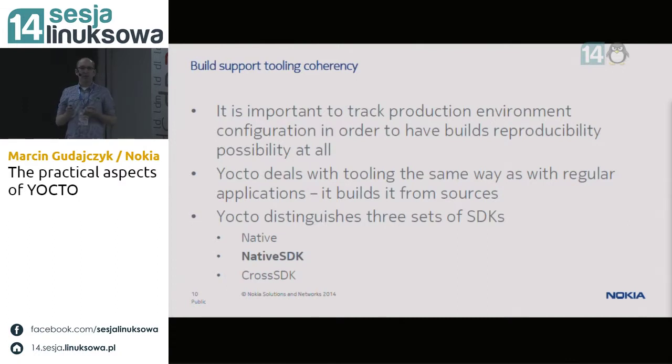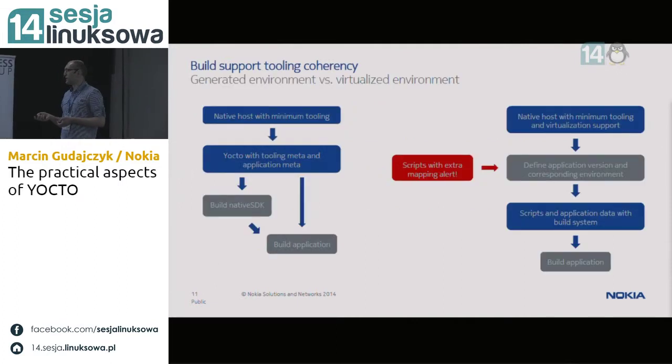It's just a really minimum, like the compilers, like Python, because Yocto is using Python as well, and that's it, right? We don't want to rely on any other element of the native build host. Instead, we will be able to produce them, like Git, like Subversion, like any other tooling that will be required for the build process. We'll be able to build it from scratch and generate the native SDK.